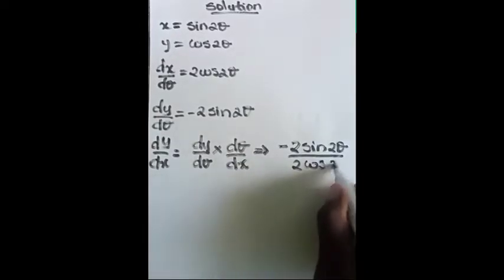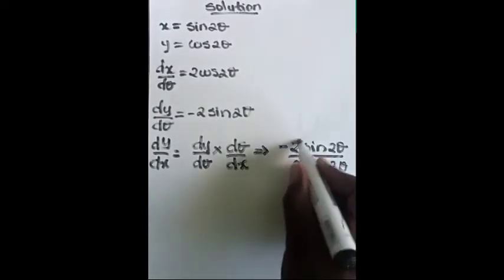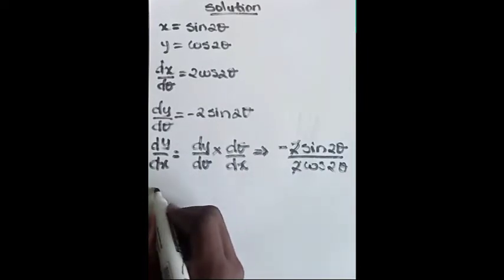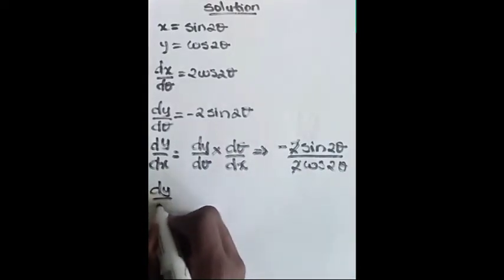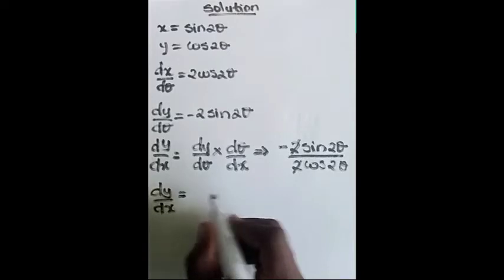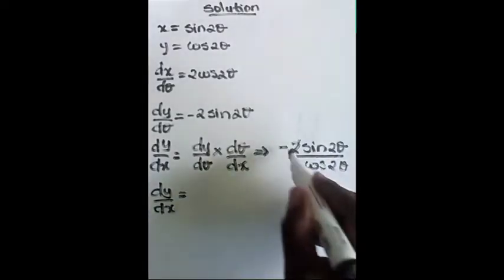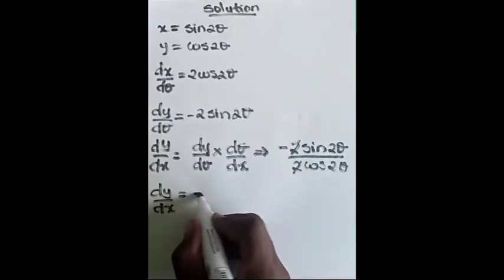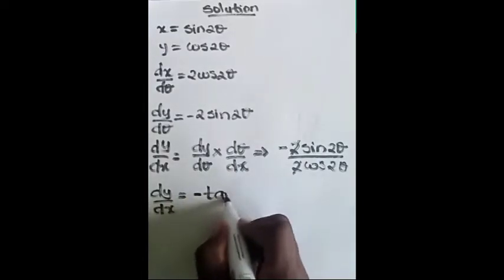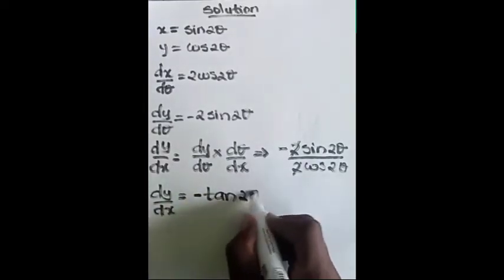It's going to come under here, 2 cos 2 theta, and we see that the 2s cancel, and we're left with dy/dx being sine 2 theta over cos 2 theta, negative, which is going to give me negative tan 2 theta.